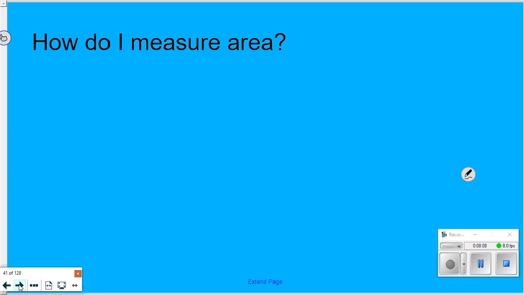Most of you know the answer to this. We're going to use square units, correct? Why? Why do we use square units? I know you know to use square units, but why? Jalen? Did you get an accurate answer? No. Peter? Carl?